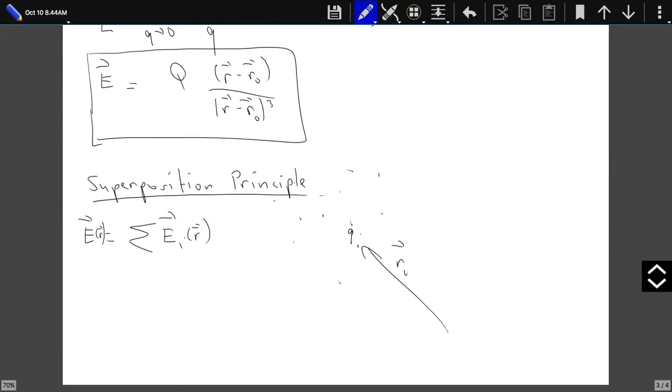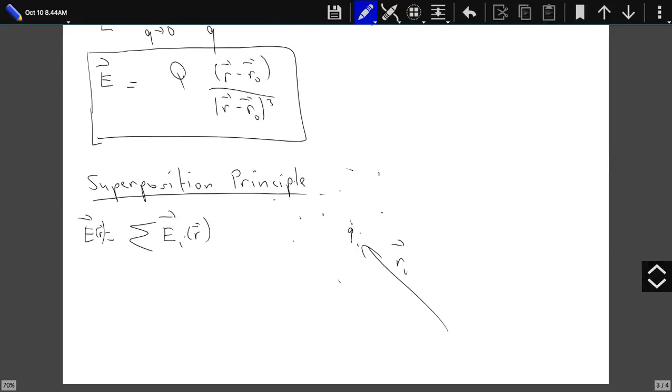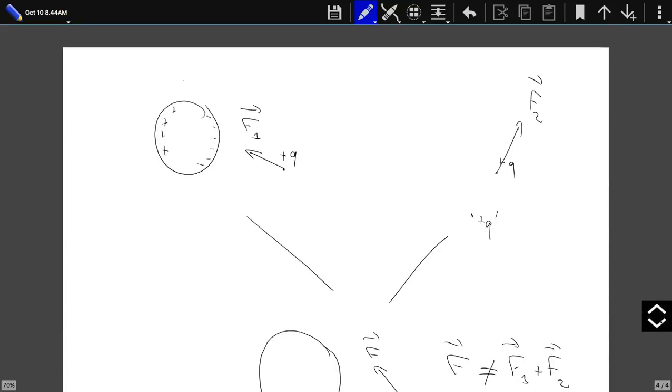If you go back to the superposition principle, here we wrote it for the electric fields, but if you consider it for a test charge, just multiply it by Q. Now, Q times Ei is nothing but the force exerted on our test charge due to the charge Qi, in the absence of all the other charges. And then we just sum them up to obtain the total force. Here we did the same thing.